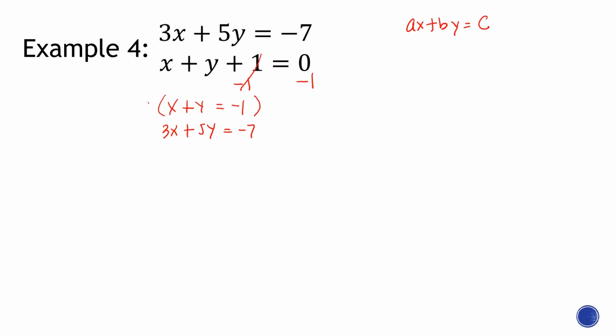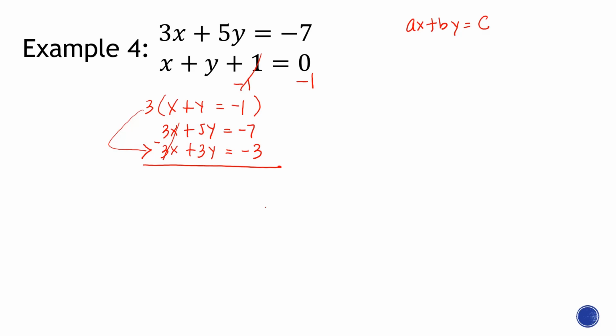So I'm going to multiply this by 3. The result will be 3x plus 3y equals negative 3. 3 times x is 3x, 3 times y is 3y, 3 times negative 1 is negative 3. And then, obviously, both 3x and 3x are positive, so I'm going to use subtraction.